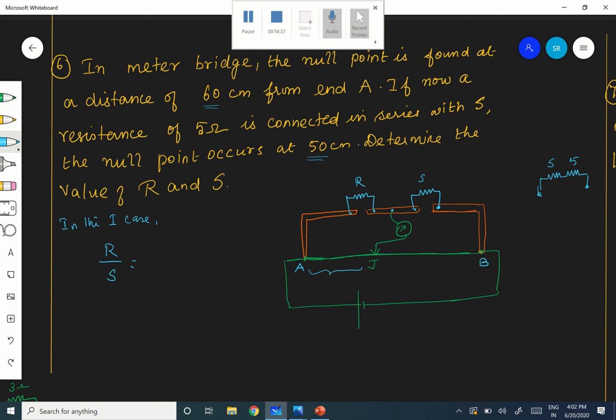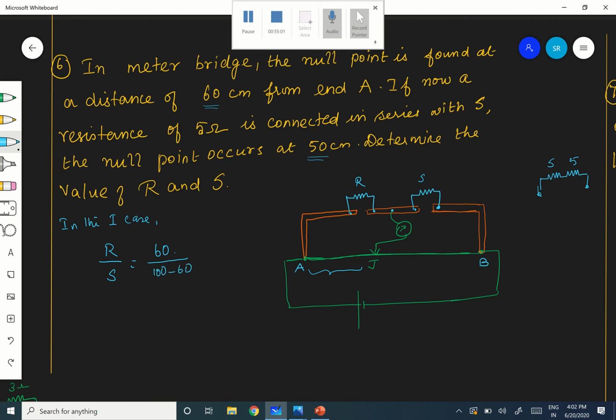Are you following? That is nothing but 60. I think you have an idea about R by S is equal to L divided by 100 minus L. Therefore P by Q is 60 divided by 100 minus 60.